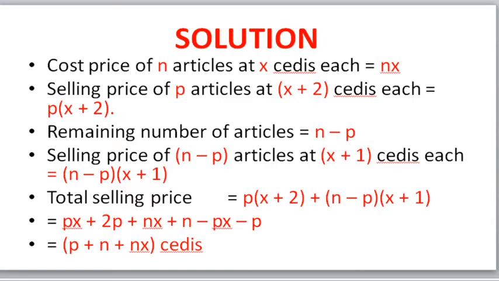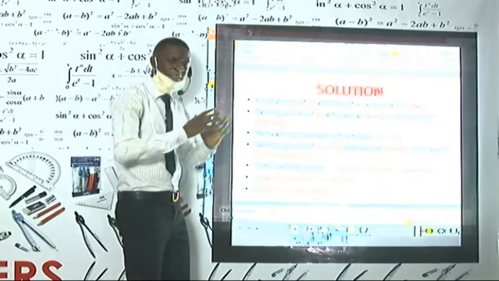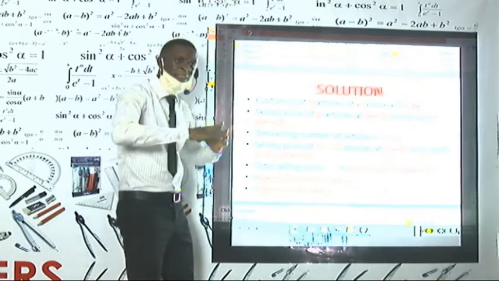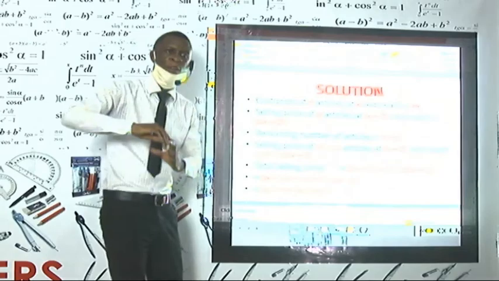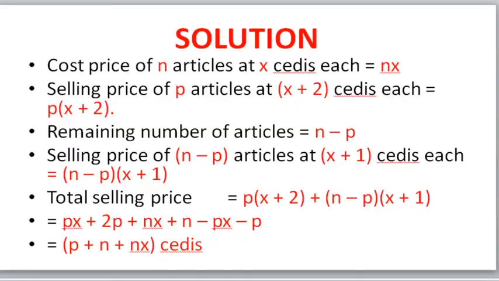When they say he sold P, meaning he sold part of it. Let's say 50 oranges and he sold 30 out of it. So the P, let's say, is 30. That's just part of it. So the remainder is what we are going to look at. With the analogy I am drawing, when we say that P is 30, when you take 30 from 50, you should be getting 20.